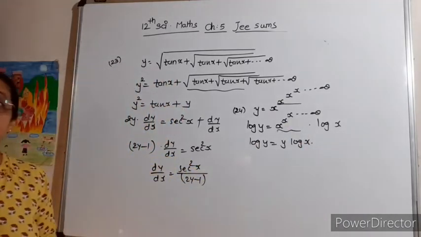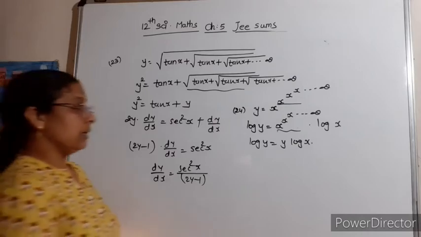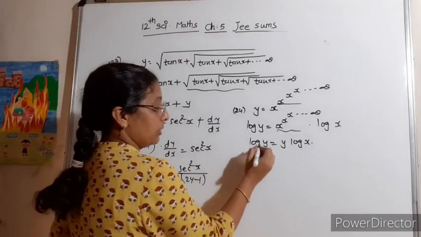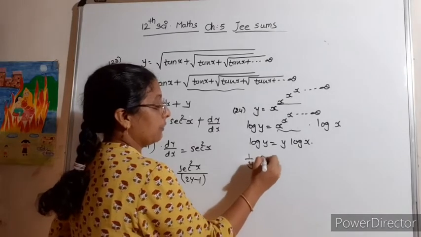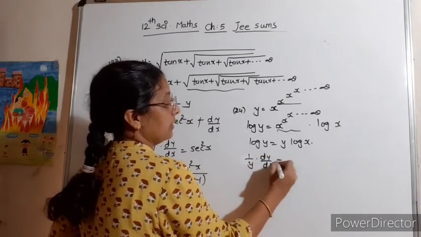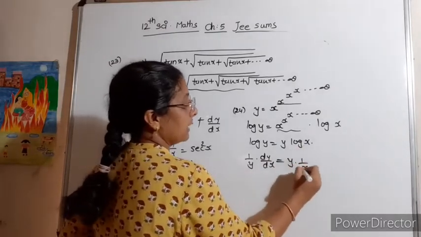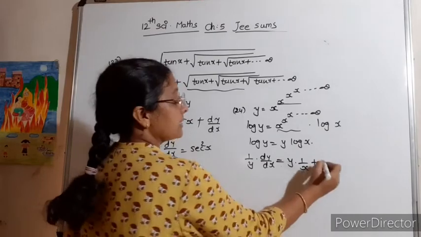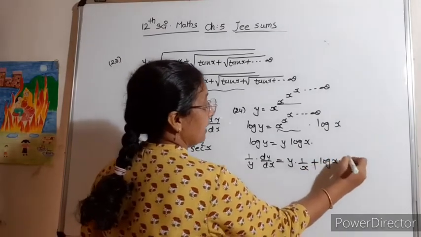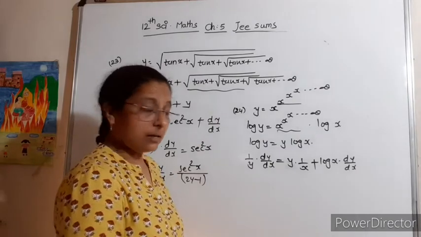Now it becomes the short form, and find the derivative by using the product rule. So here the derivative is 1 upon y dy by dx is equal to y constant, derivative of log x is 1 upon x, log x constant, derivative of y is dy by dx. Understand that? It is easy.